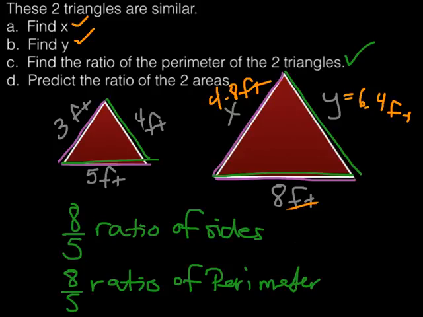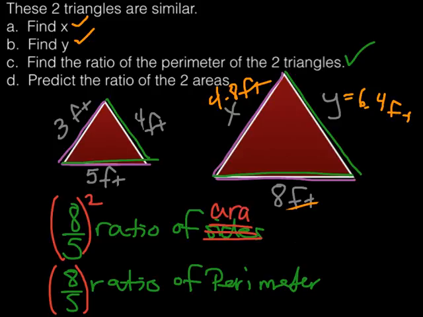Well, what I know about area, if we just think about lengths, the lengths here are feet. My length for perimeter is also going to be feet. But if I were to find the area of these triangles, it would be feet squared. So using that same idea, if I take the ratio of my sides or the ratio of my perimeter, which is the same, and I square it, that's going to be the ratio of my area.